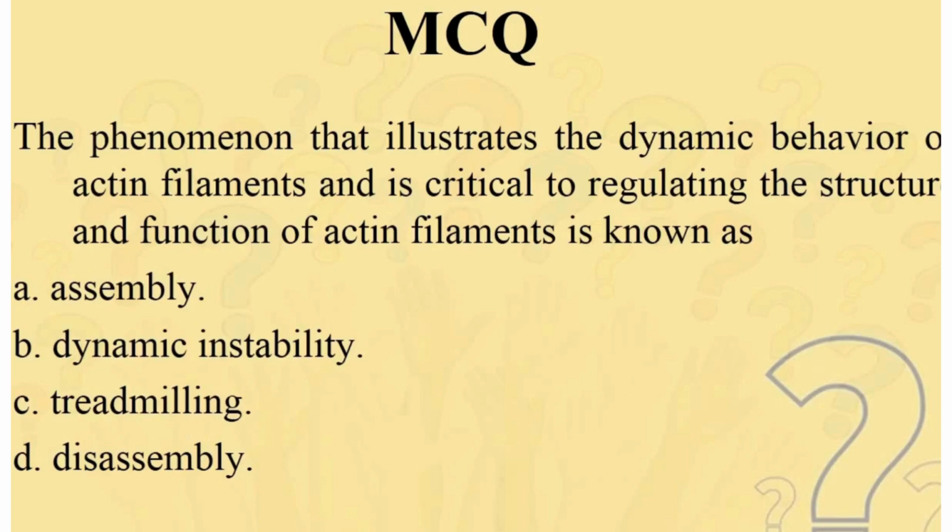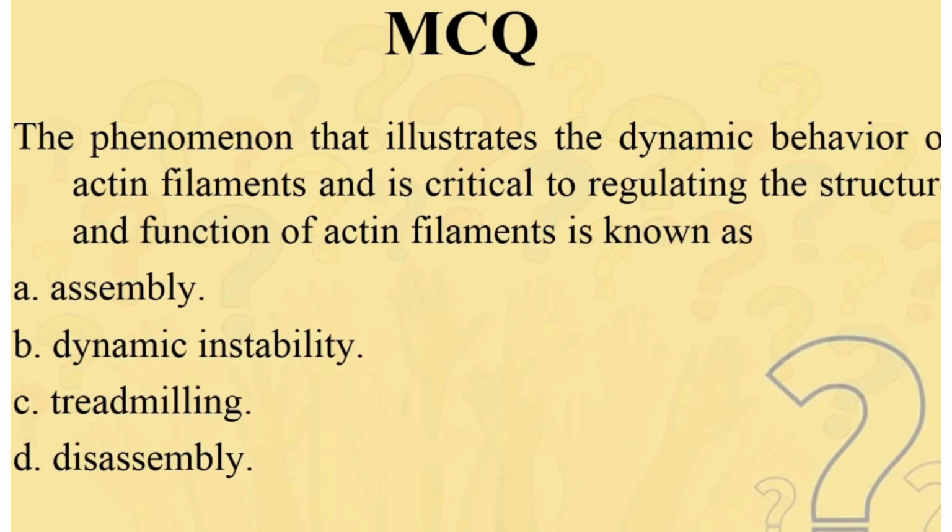Here goes the first one. The phenomenon that illustrates the dynamic behavior of actin filaments and is critical to regulating the structure and function of actin filaments is known as, of course, we have four options: assembly, dynamic instability, treadmilling, and disassembly.